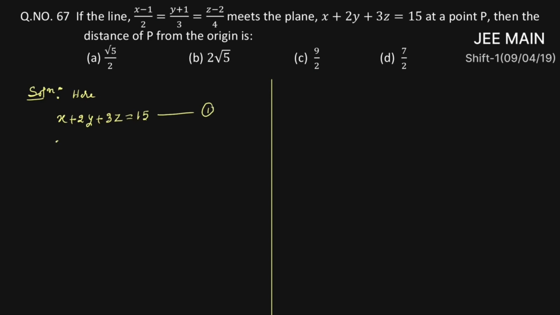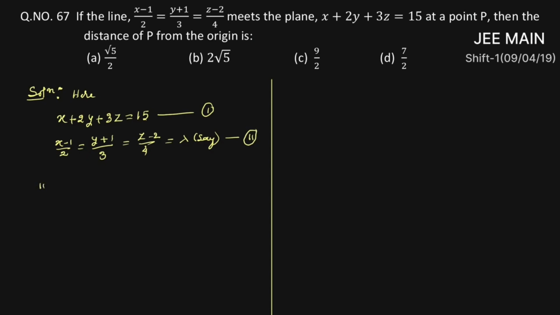And (x minus 1) by 2 equal to (y plus 1) by 3 equal to (z minus 2) by 4. This is the equation of the line, and we take this to be lambda, and this to be equation number 2.